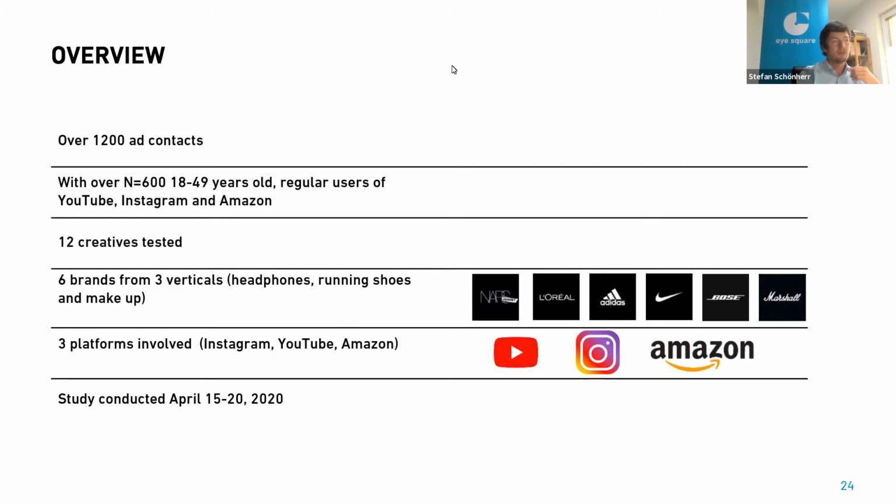And we even did this not only in one environment, but for YouTube and Instagram each, and then just looked at what effect this had on the shopping behavior situation when respondents are taken to Amazon.